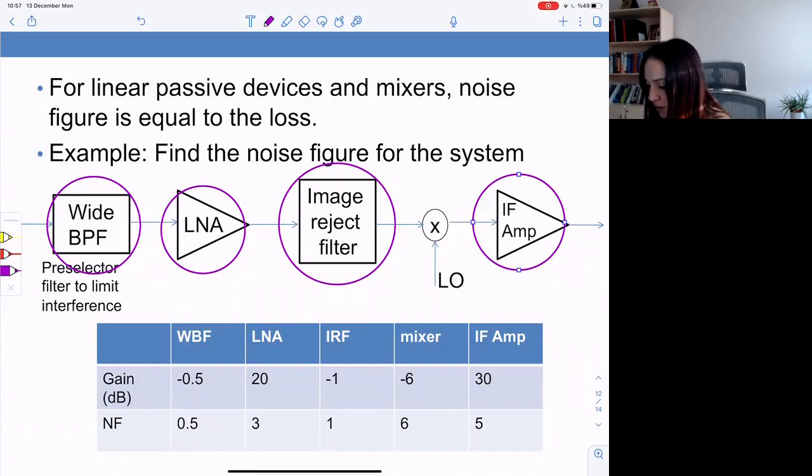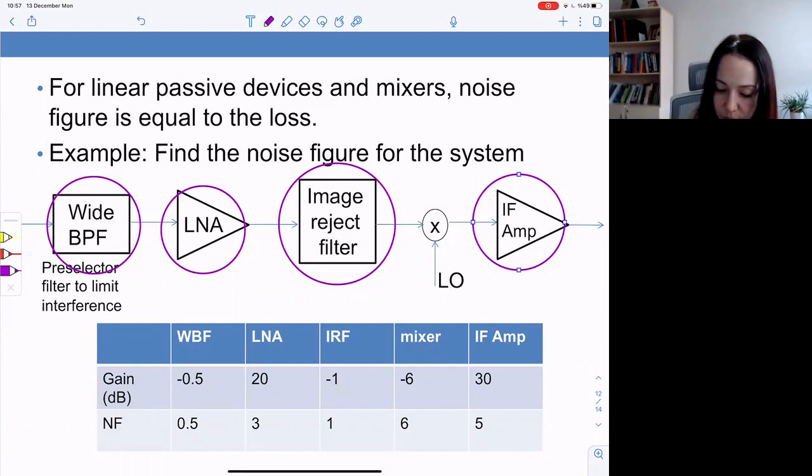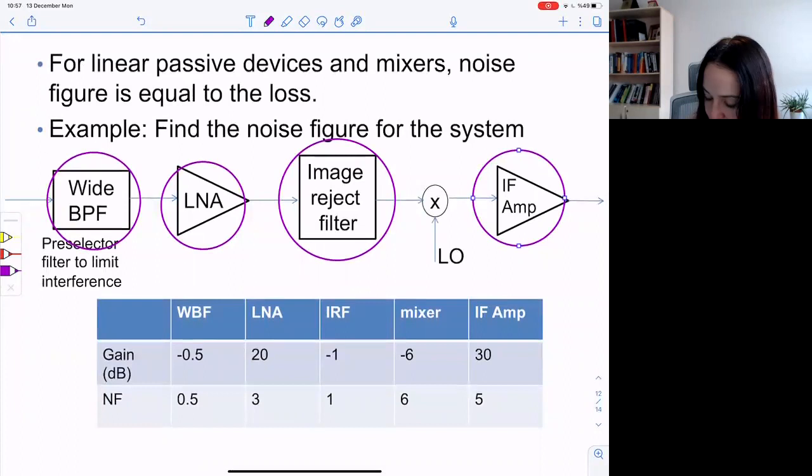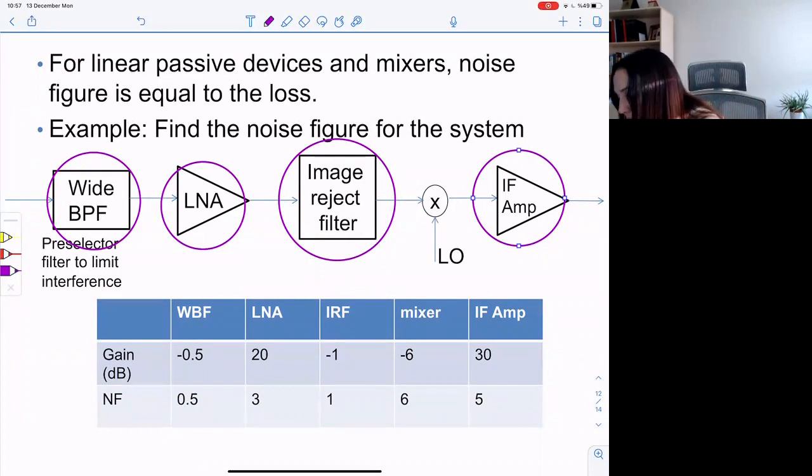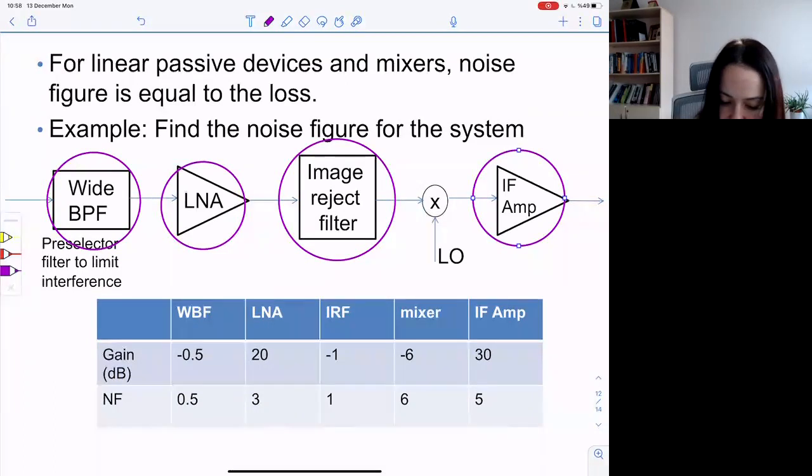Okay, so how do we do this? Let's compute noise factors.